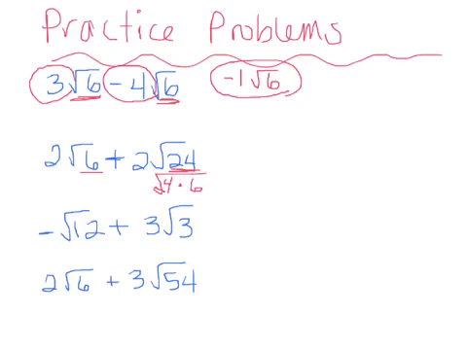I can take the square root of 4. So I have 2 square roots of 6 plus 2 square roots of 6. This radical simplifies. The square root of 4 is 2. 2 times 2 is 4.